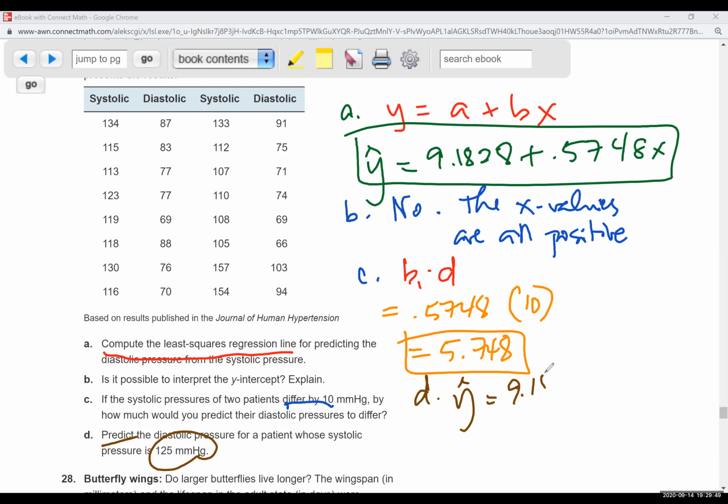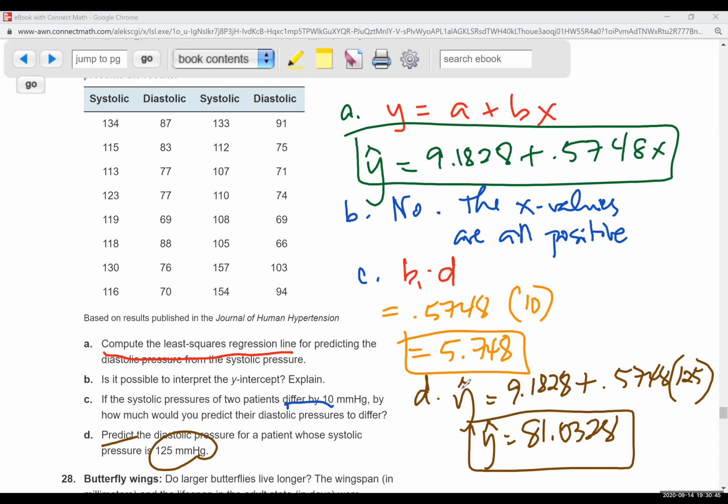So 9.1828 plus 0.5748 times 125. And the answer is 81.0328, or 81.